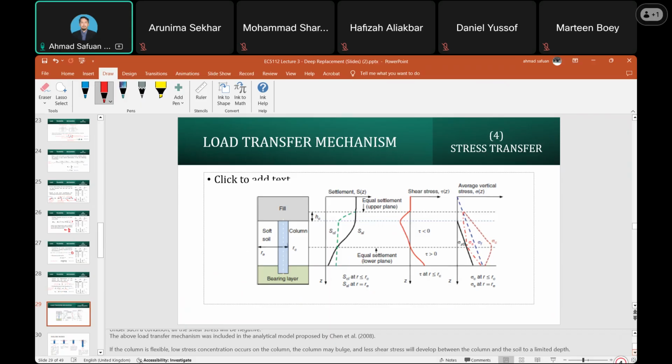But definitely for the settlements, a huge settlement will happen on the soft soil, and a low settlement will happen on the column material.